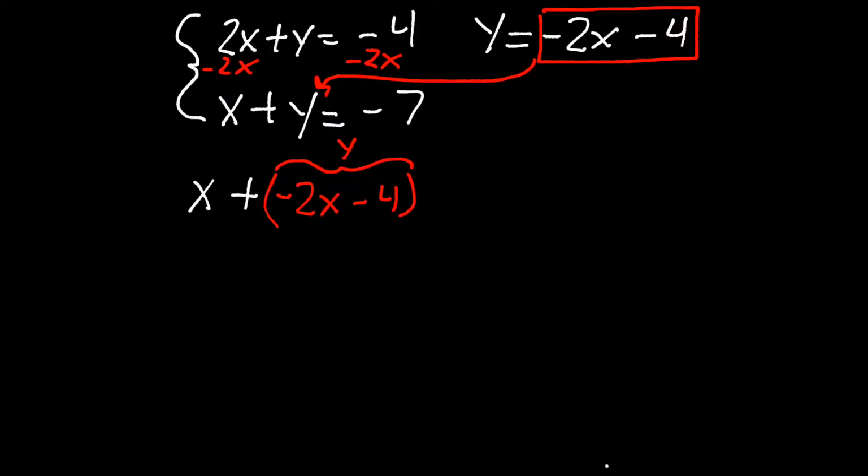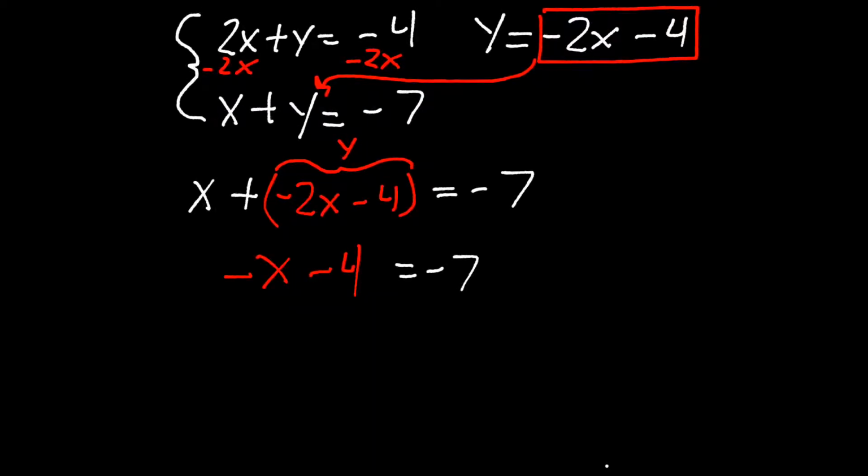And this is going to equal negative 7. Now it's a matter of combining like terms and solving for x. If I combine like terms, I have x and a negative 2x. That's going to give me negative x minus 4, because I have nothing for the negative 4 to combine with. And this is going to equal negative 7.